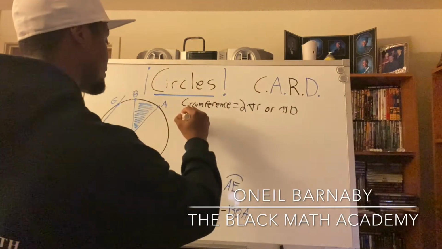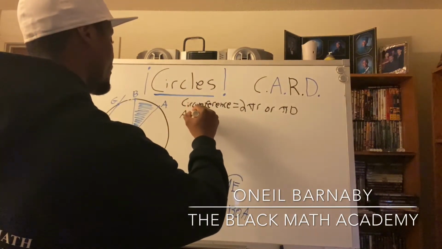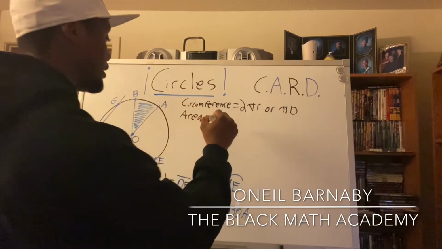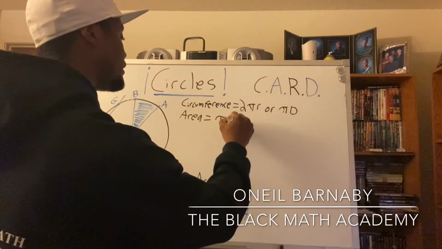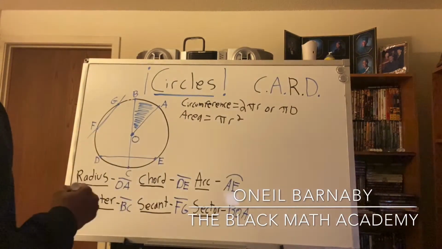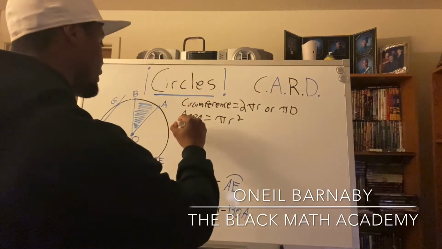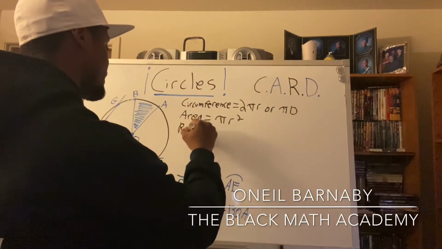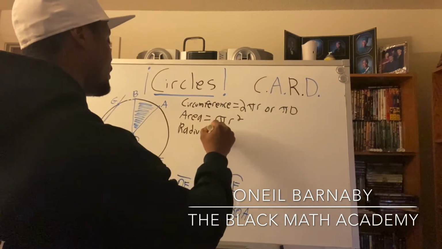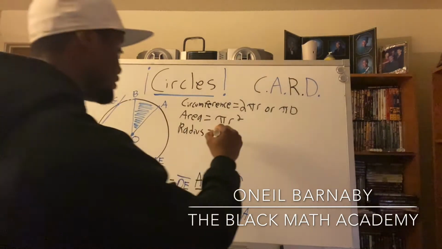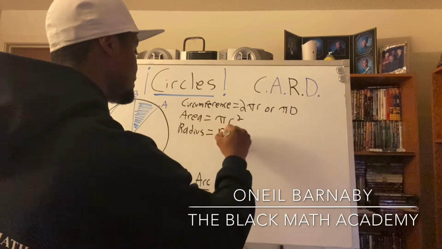So A, which is area, its formula is pi r squared. All right, R stands for radius. So radius, its formula is actually D divided by 2.